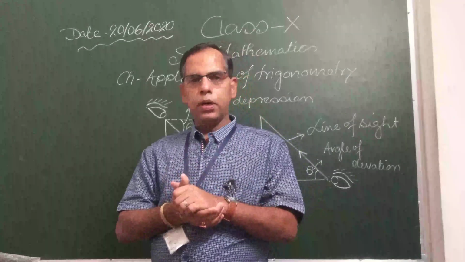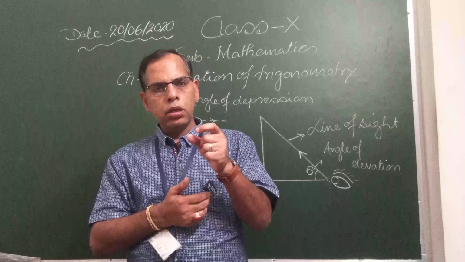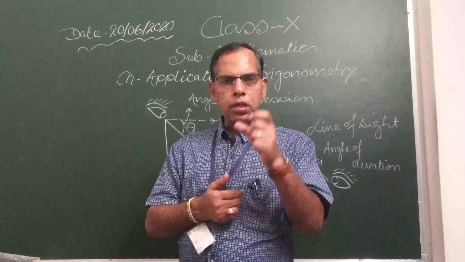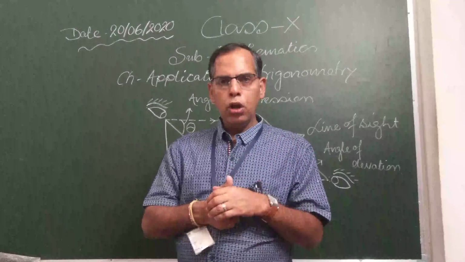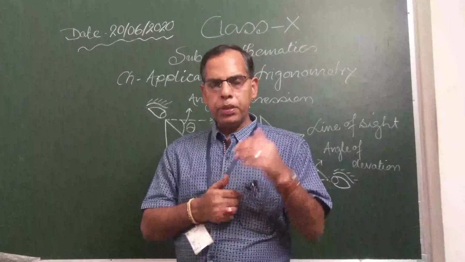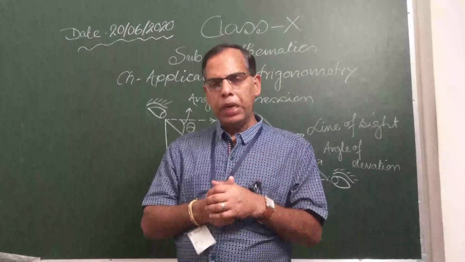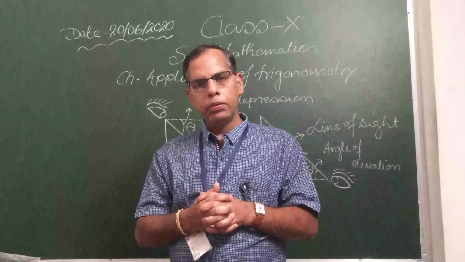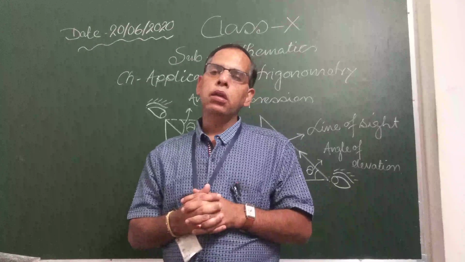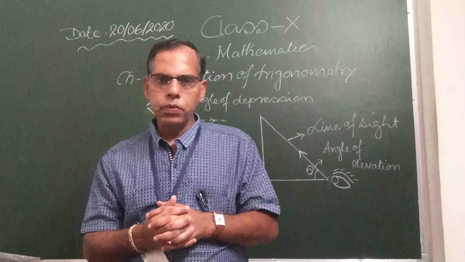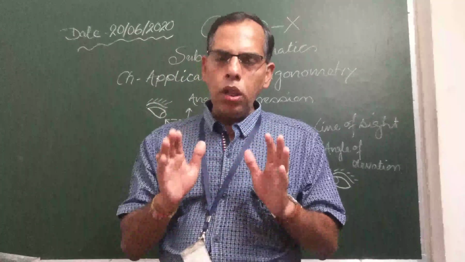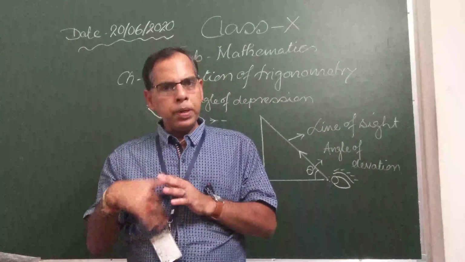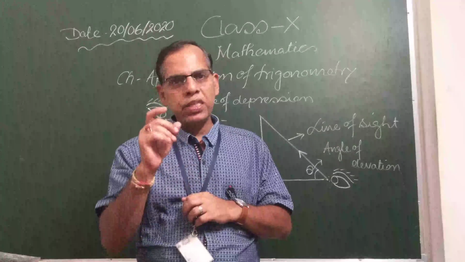In this chapter, we'll calculate the height and the distance between the object and the foot of the tower or foot of the building, or the length of the rope, by using trigonometric ratios along with a specific angle.